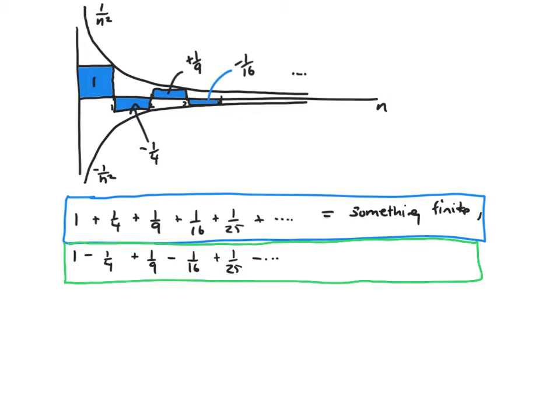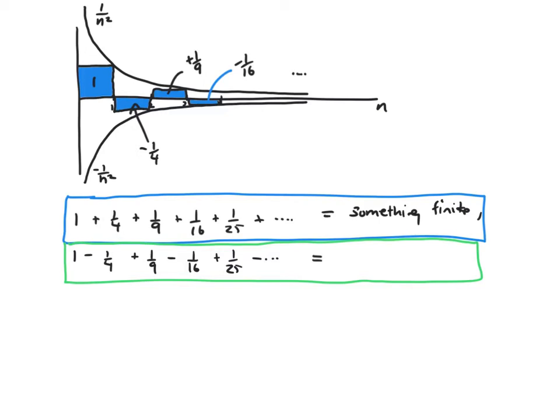And so I hope, if you think about this for a minute, the first one being something finite, if the second one is the same as the first one, except every second term is negative, I get this extra kind of cancellation effect. Up here, I get the positive areas and the negative areas, and then the positive area and negative area. Those will kind of cancel out as I sum them up to infinity. And that cancellation effect would make the stuff in green down here, you'd expect that that would kind of converge more easily in some sense.